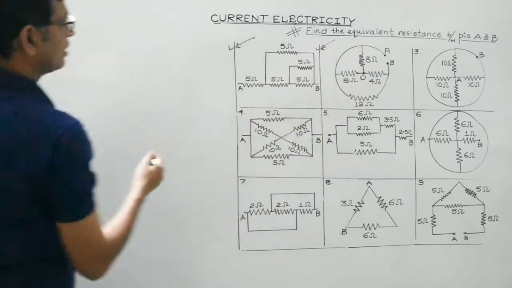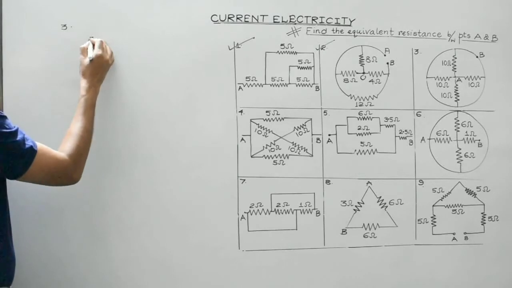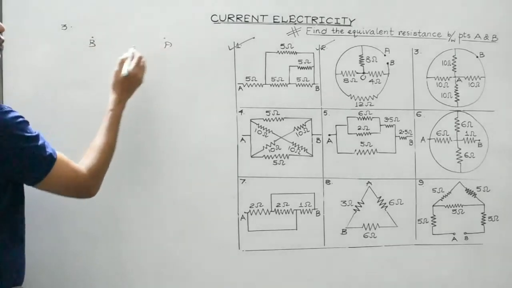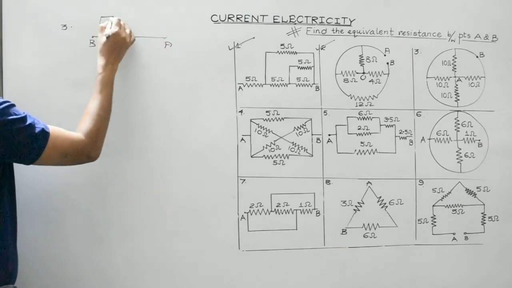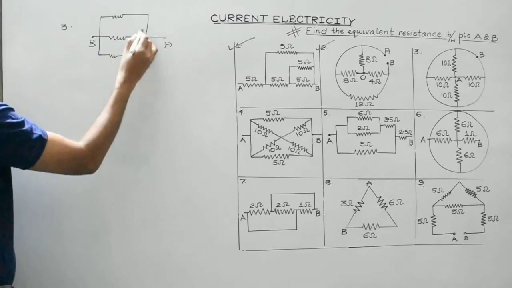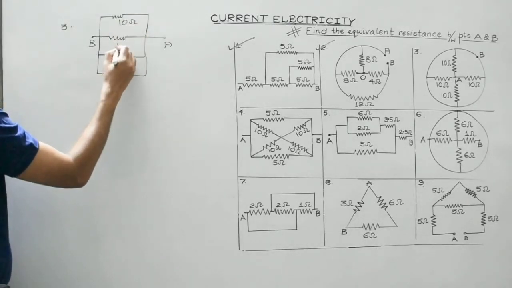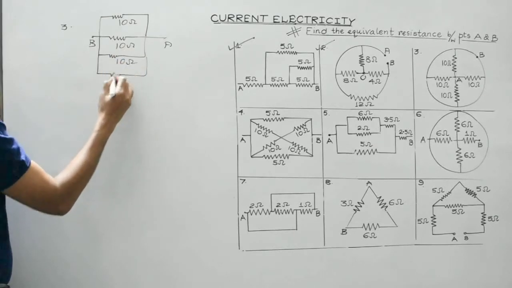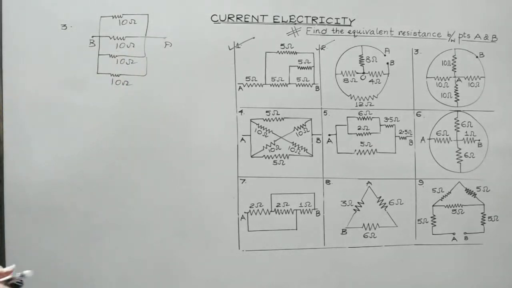So the equivalent circuit diagram of question number 3 is: this is point B and this is point A. All are connected in parallel, and there are four resistors, each of resistance 10 ohm. So the equivalent circuit diagram would be as shown, right?